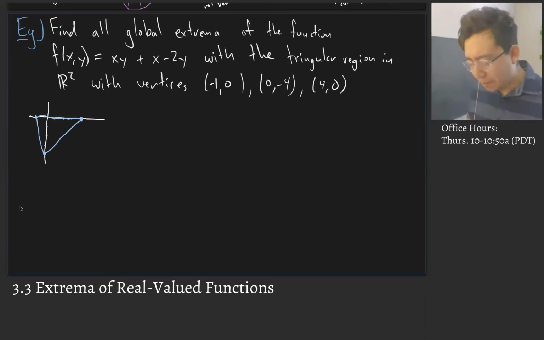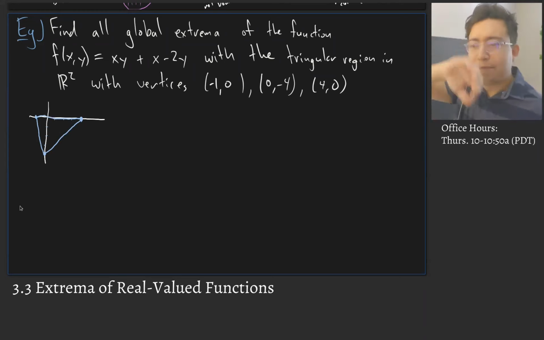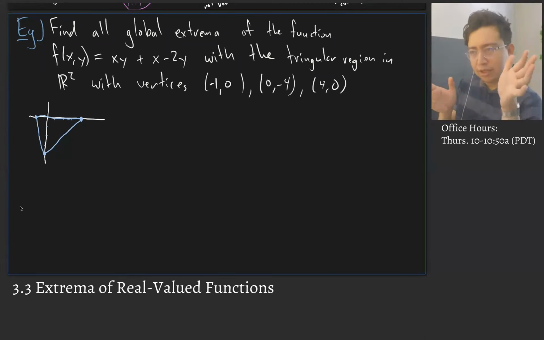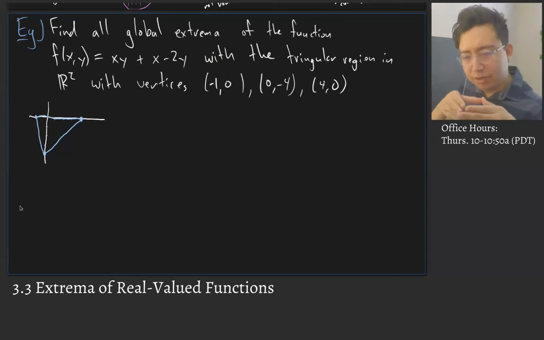Remember, the first derivative test tells us where local extrema can be, like these peaks and valleys here. But once we include these extra conditions of restricting the domain to some closed and bounded set, like this triangle, which is bounded, right?